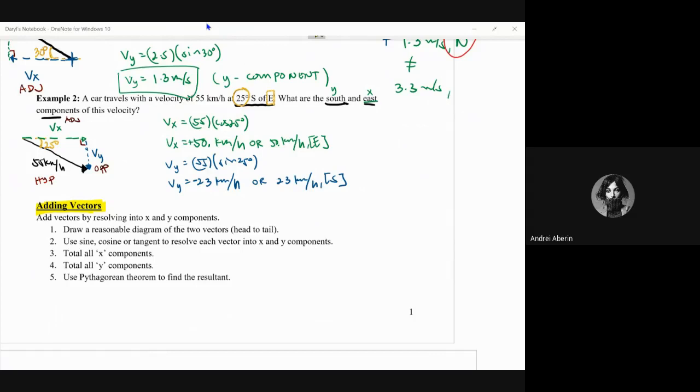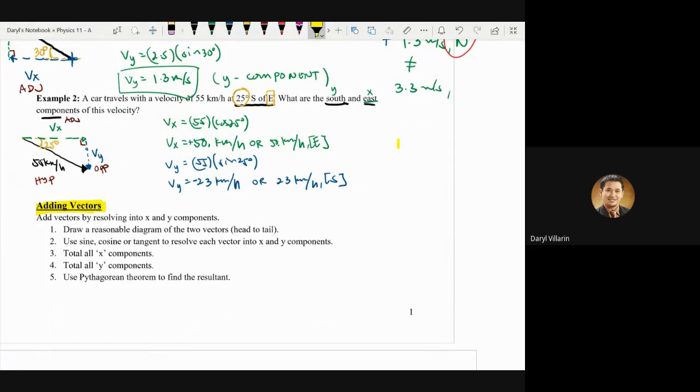Mr. Villarin, before we continue, I have a question. For example 2, even though the triangle is in quadrant 4 where x and y would both be negative, since it's in the east direction, it's still positive for x? In the fourth quadrant, I believe x is positive, right? Oh, sorry, yeah. It's all good.